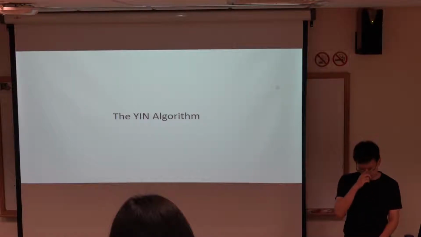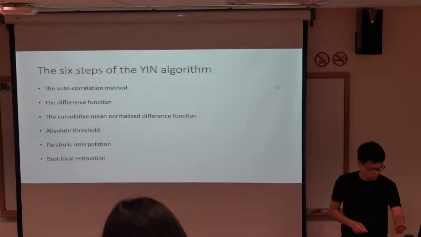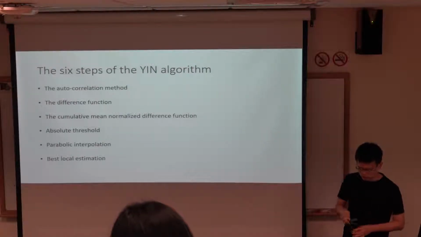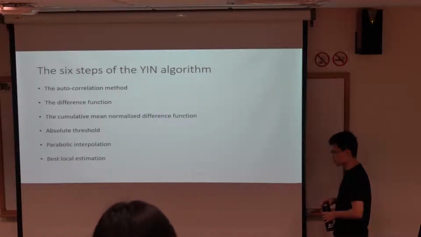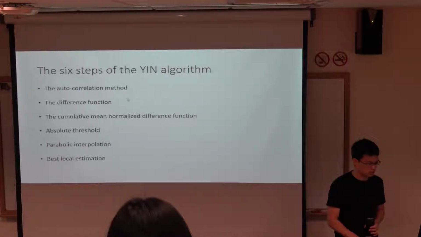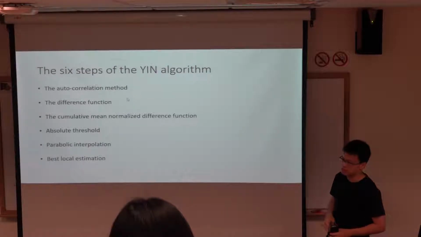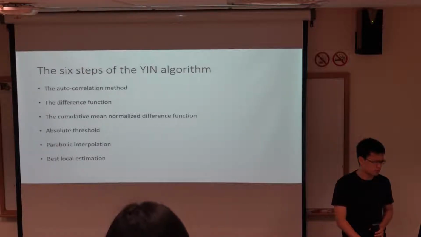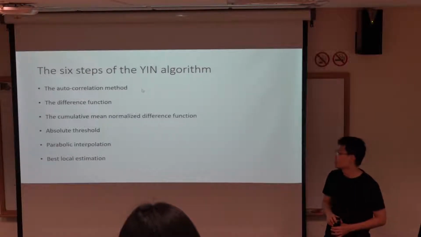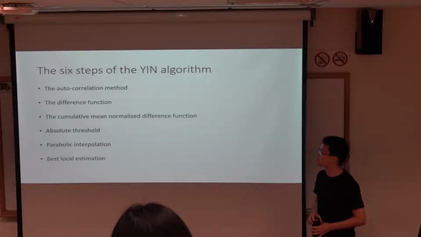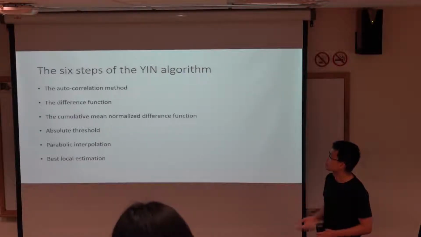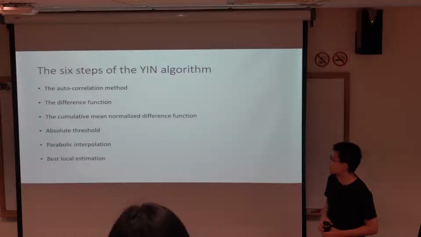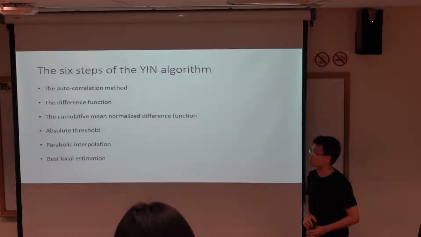Let's look at the Ying algorithm. If you look at the Ying algorithm paper, you will find that it has 6 steps. And the first step is the autocorrelation method, which was the state of the art in the 1970s, I think.